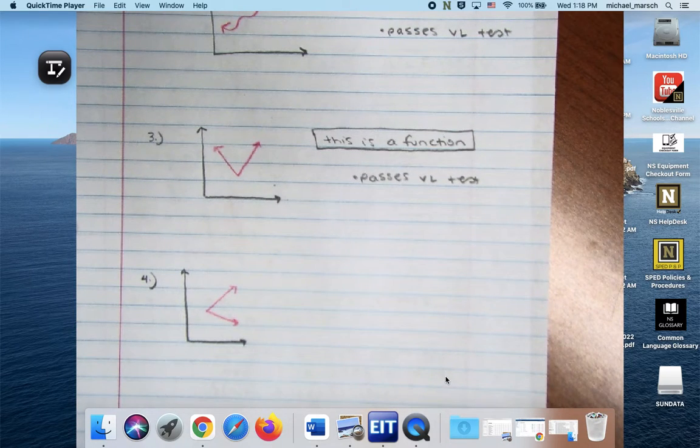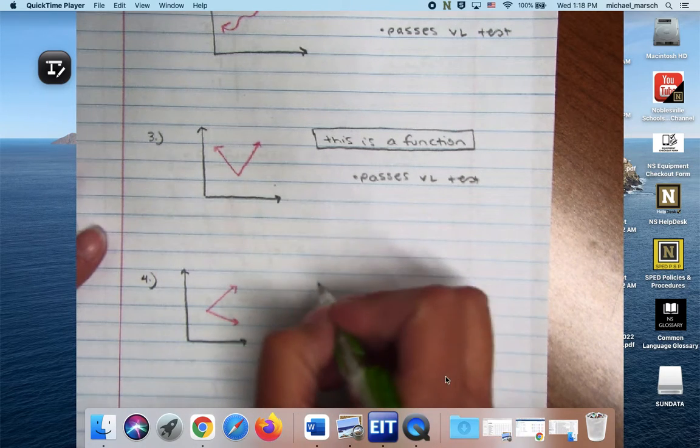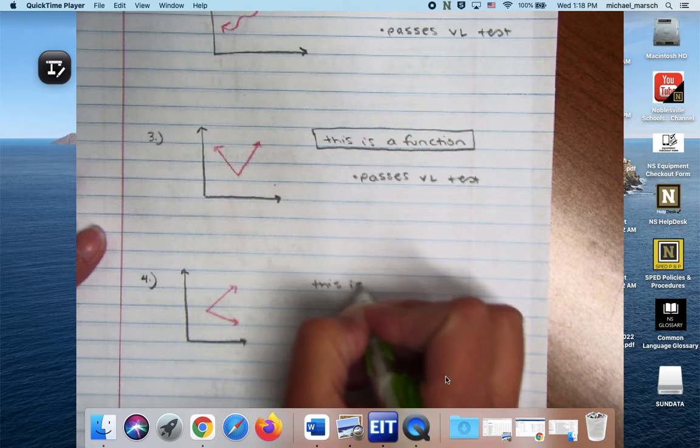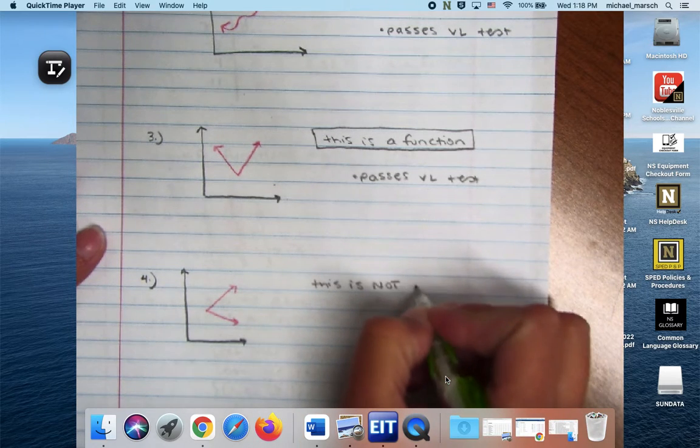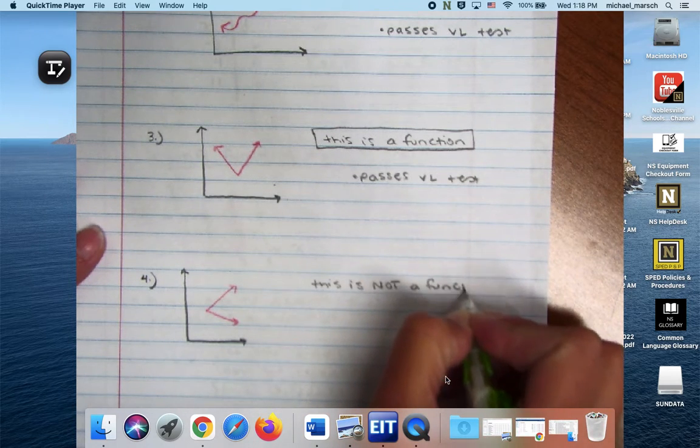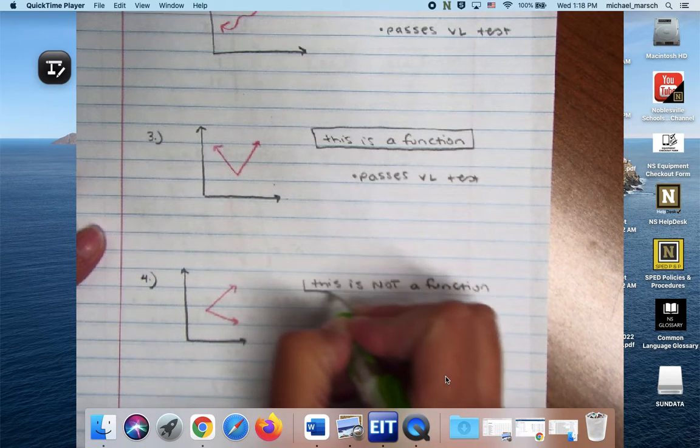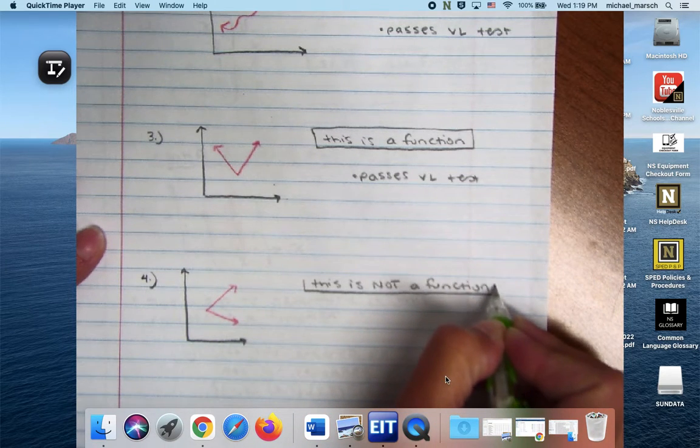And the last one? Yes. No, Kike, no. This is not a function. It fails the vertical line test.